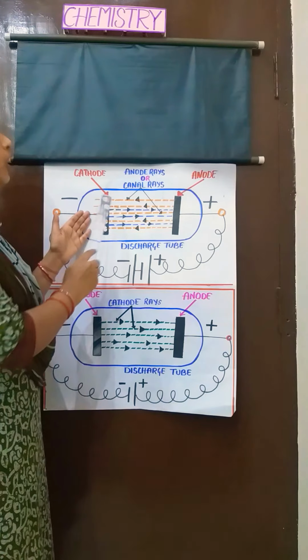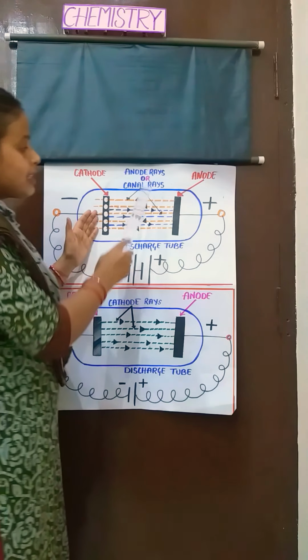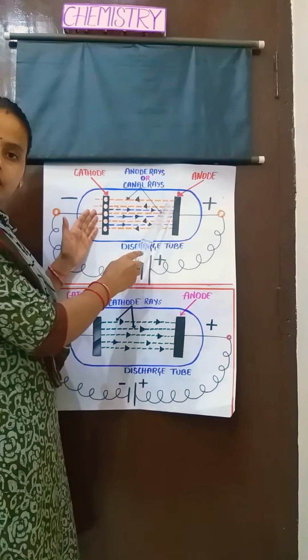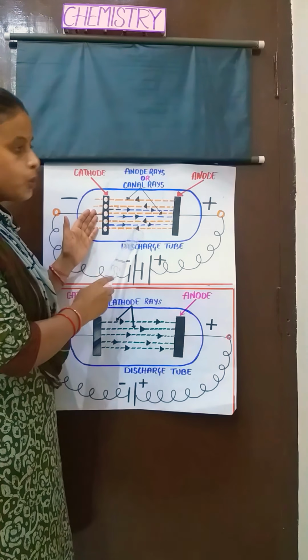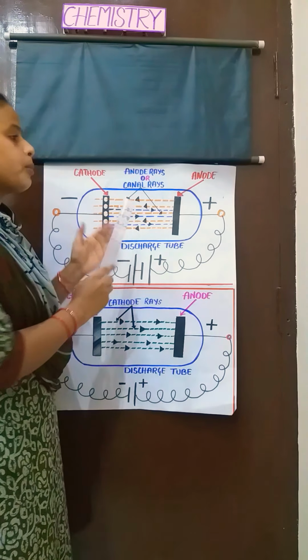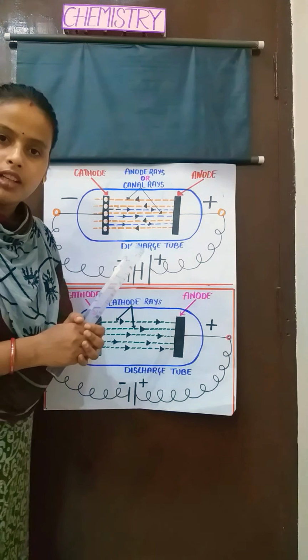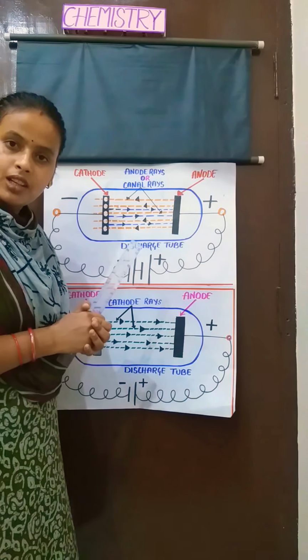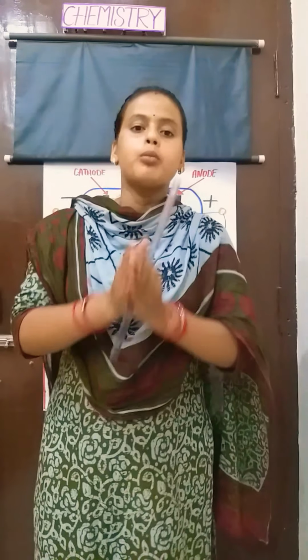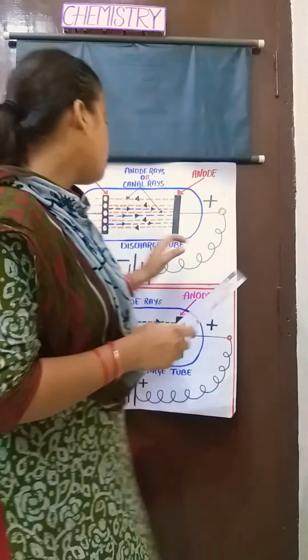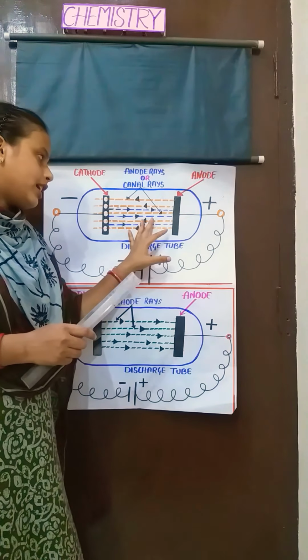Yes, so the anode rays consist of a charged particle which is called a proton. So inside these rays, the proton is present, which is positively charged. So class, this is the second charged particle which was found by E. Goldstein.